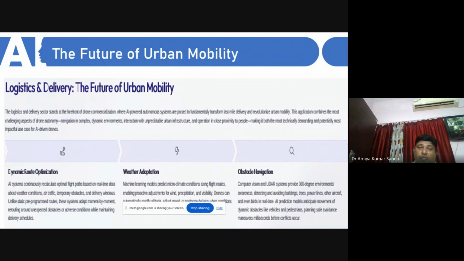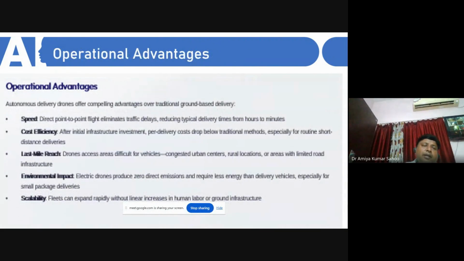The technology also focuses on obstacle navigation. The technology also focuses on dynamic route optimization by taking real data.